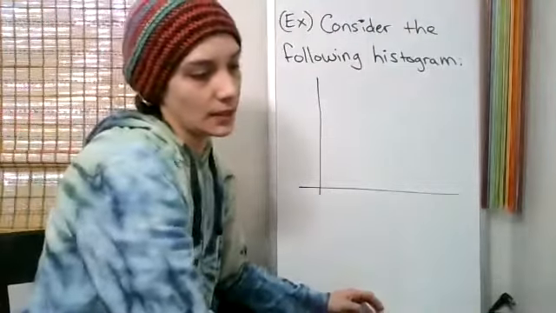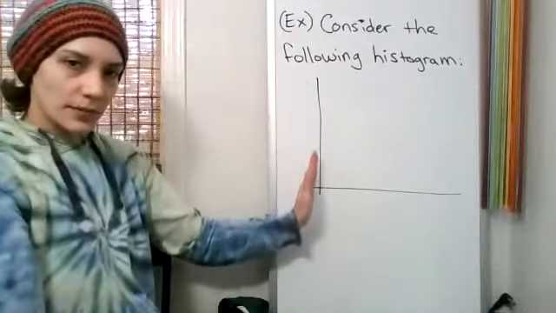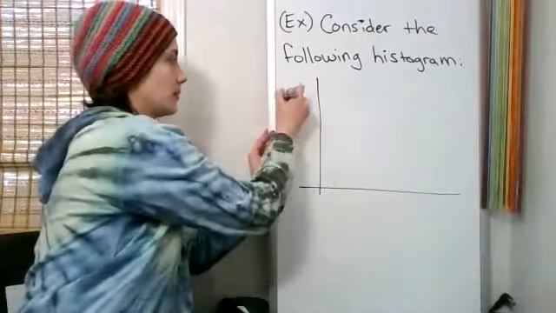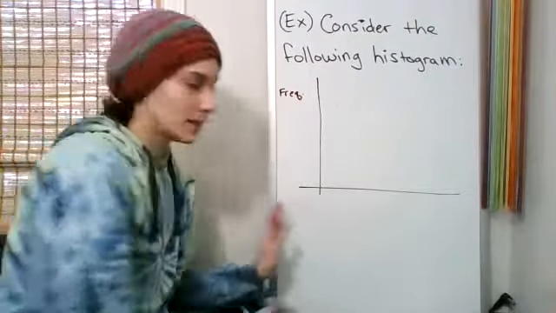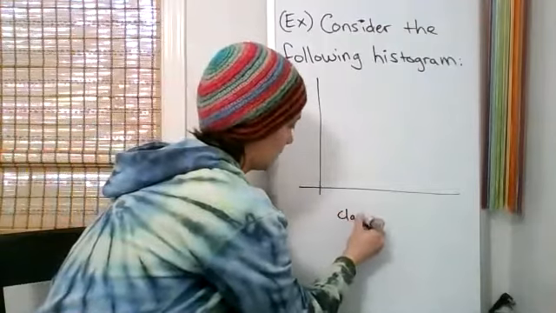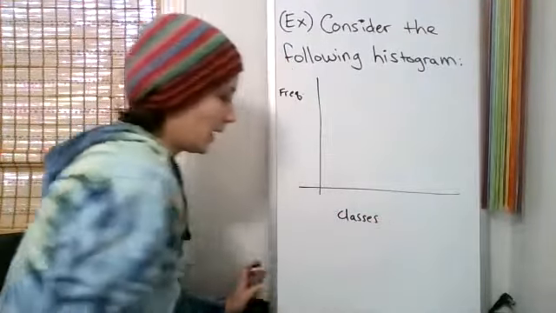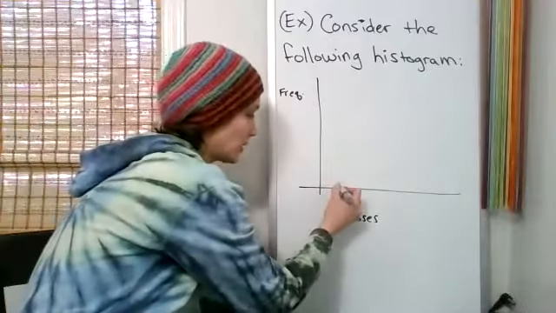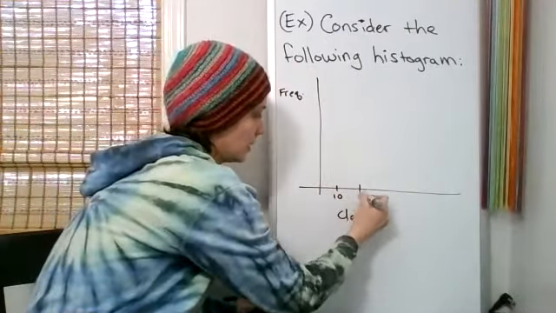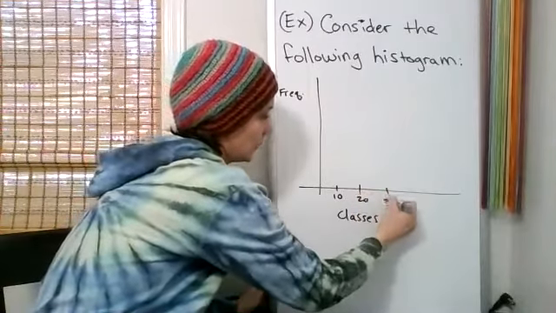Let's see. So this side is for frequency. This is where I like to put classes. And our first class starts at 10. 10, 20, 30, 40.